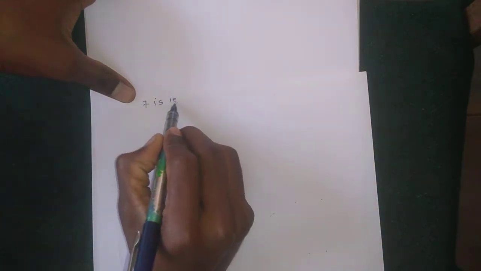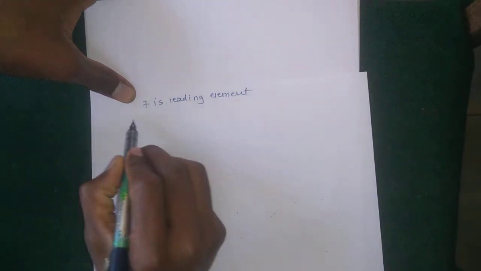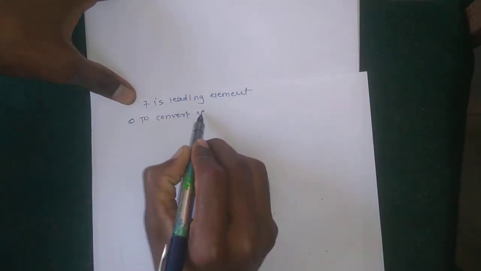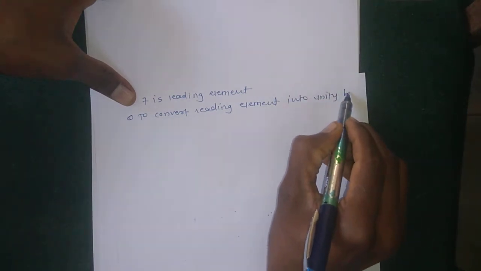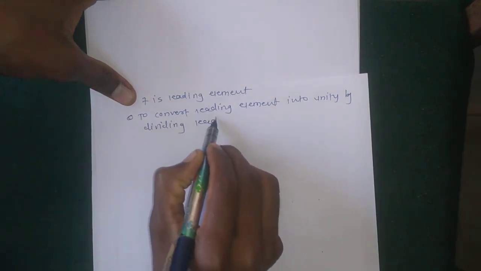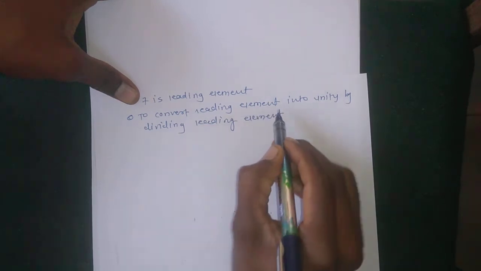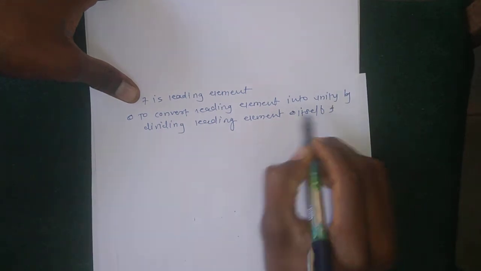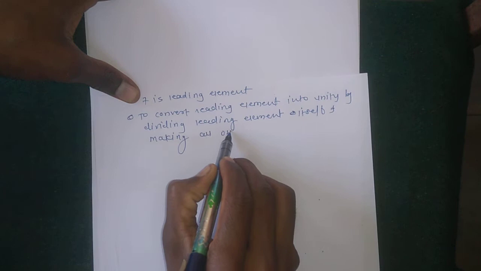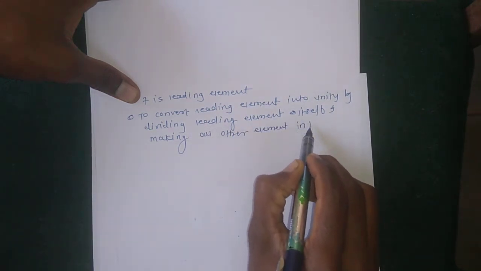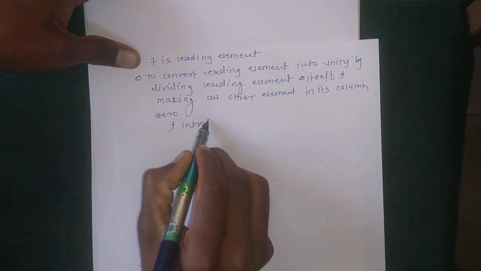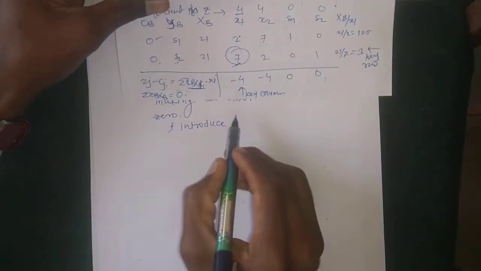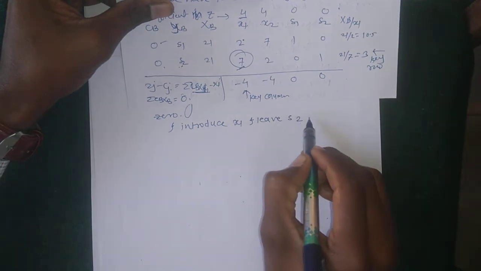7 is the leading element. So to convert the leading element into unity by dividing by the leading element itself, and making all other elements in its column 0, we introduce the x1 variable in the basis and leave s2 in YB.